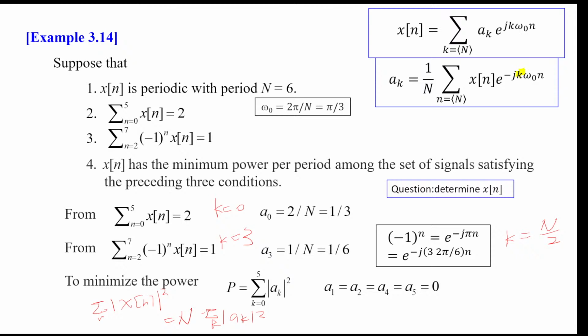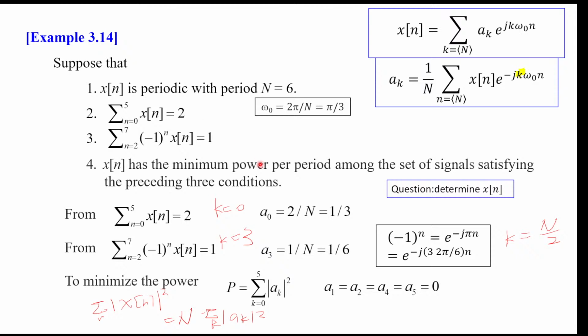Okay, but this is nice because when we have nothing here, this corresponds to k equal to 0. When k equals 0, e to the minus jk omega_0 n is equal to 1. So for k equals 0, we see that this summation happens to be this summation here, so this is very related to a_0.